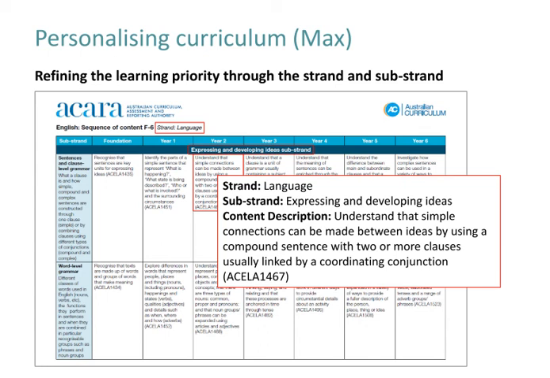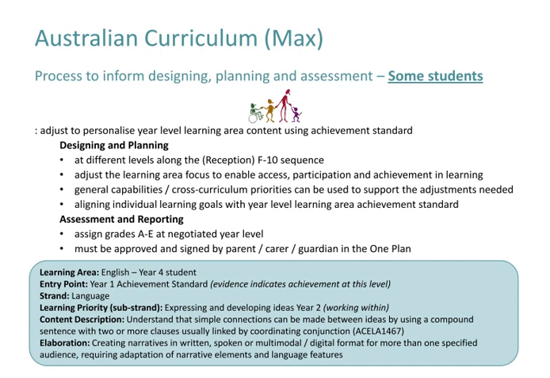The general capabilities and cross-curriculum priorities may be used to inform the aim and subsequent goals SMARTAR. This slide brings together the previous slide's demonstration of how to establish Max's entry point and learning priority for English.